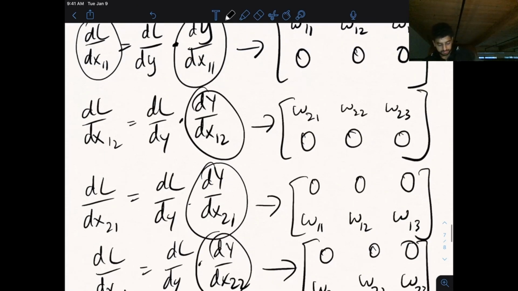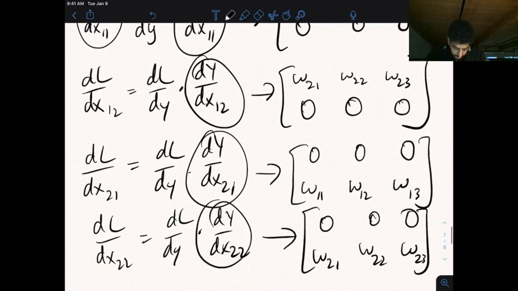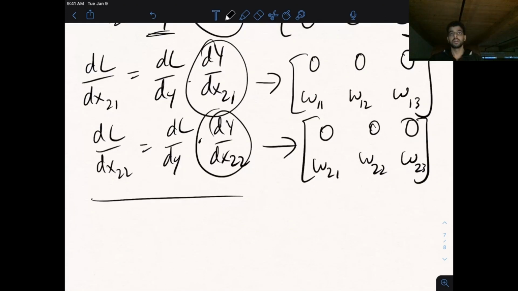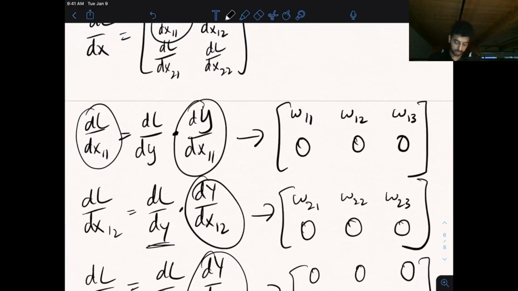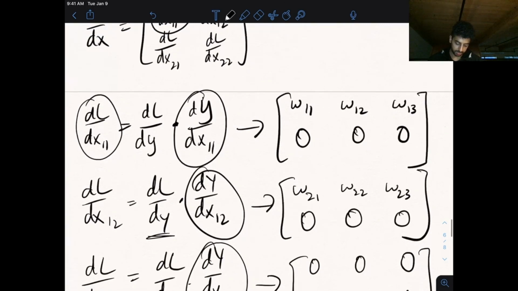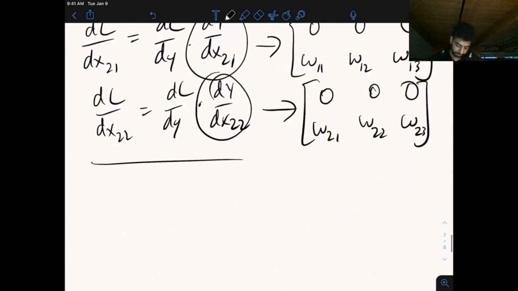So we've computed these elements of the Jacobian. Okay, so we've looked at the second term of these products, these elements of the Jacobian. Now let's look at this dl dy.